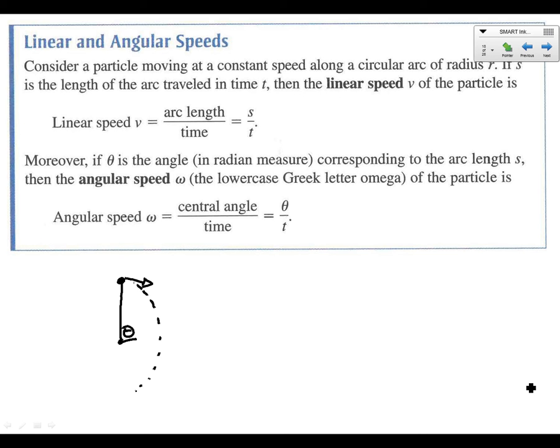Linear speed is going to be the arc length over time, or s over t. And the angular speed is going to be that angle divided by time, theta over t. All right? And one thing we're going to want to use here, angular speed we're going to call omega, not w. Don't use w, omega.